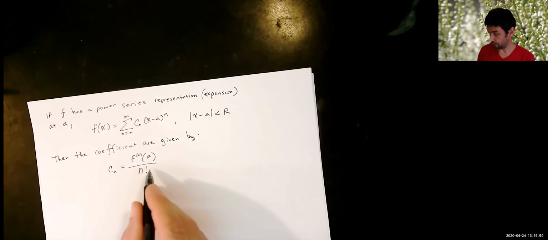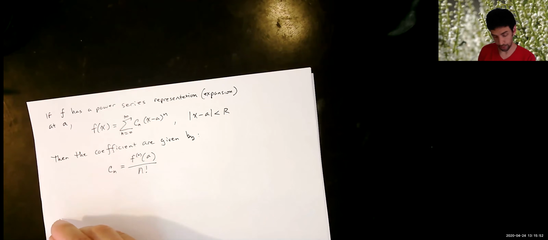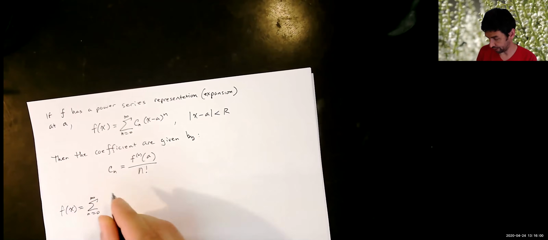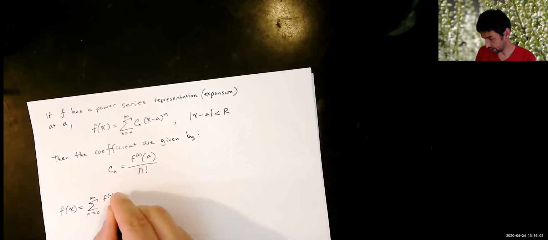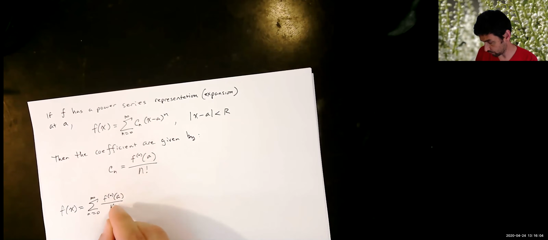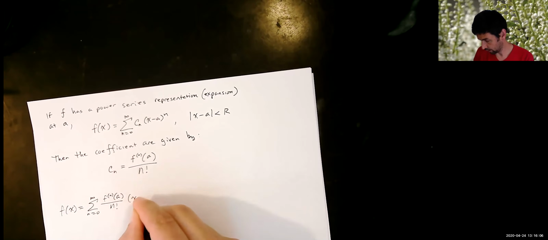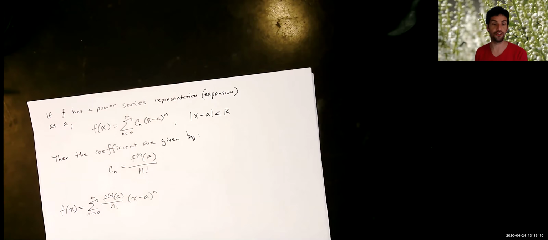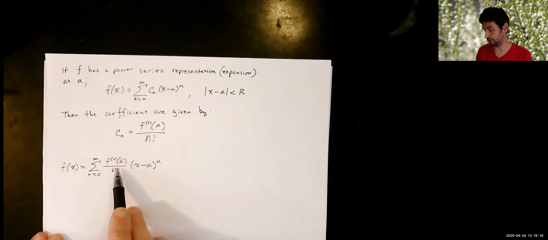So in other words, let's just combine these two. We can say something like f of x is equal to the sum from n equals 0 to infinity, where I've just substituted this expression for c sub n in where c sub n went, right? Remember, these are constants. a is a number, so I'm evaluating the function or some derivative of the function at a, dividing by numbers.